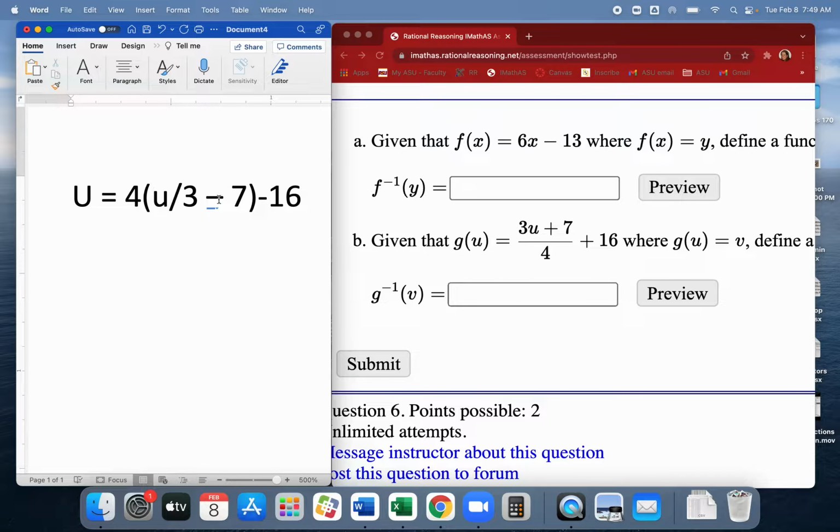And I used a u instead of a v somehow. So the steps in finding g of u would be multiply by 3, then add 7, then divide by 4, and then add 16.